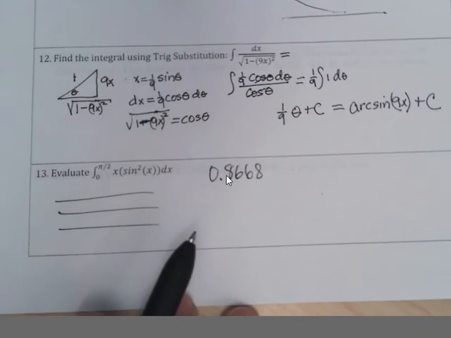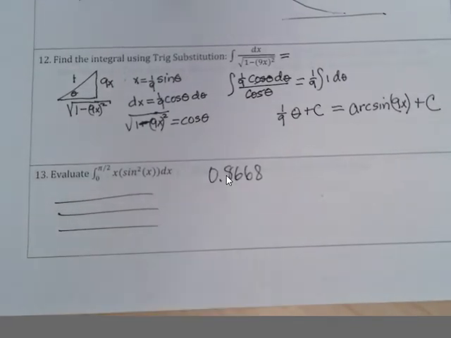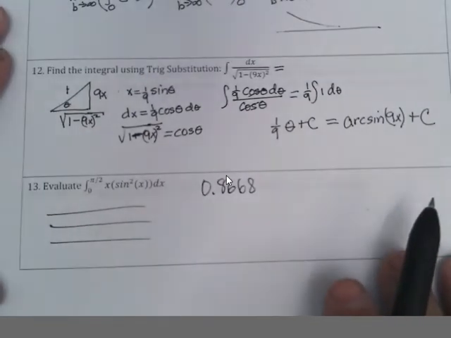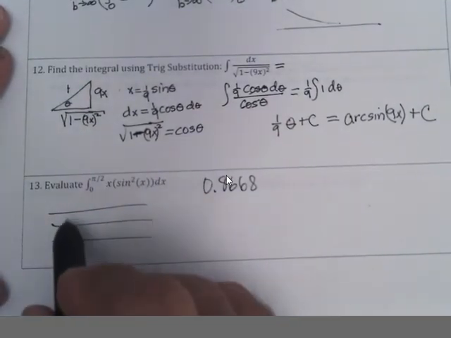Trying to think if I could do this one by parts. Let's take a quick look. I don't think that's going to work very well because of that square on the sine.